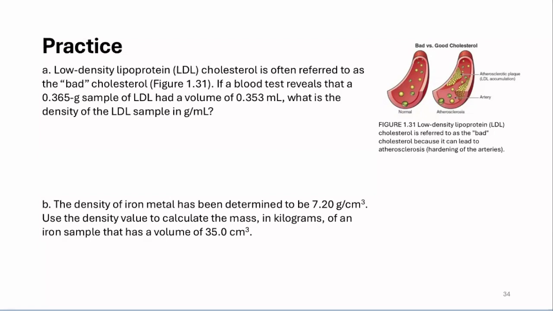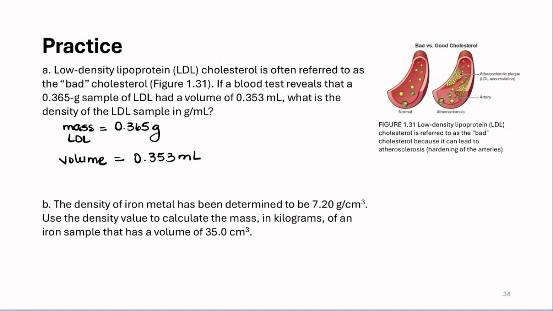So in part A, in this practice problem, what we're doing is calculating density. We can observe that the information given in this problem is going to be the mass of the LDL, which is 0.365 grams. And we also have the volume of it, which is 0.353 milliliters.